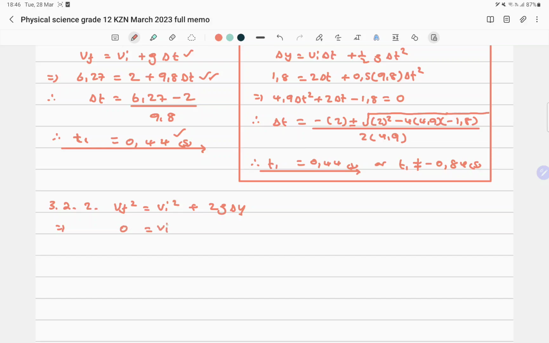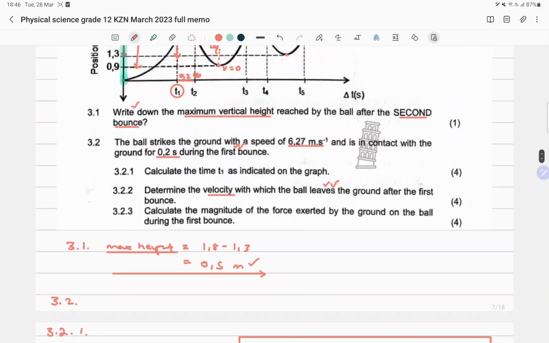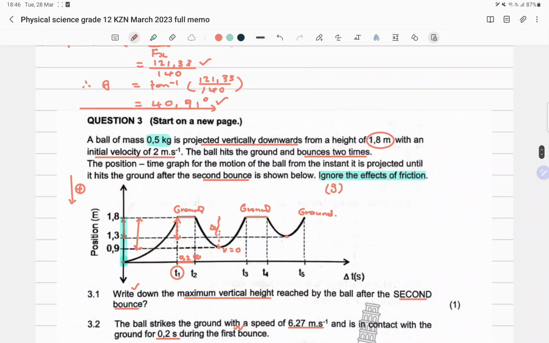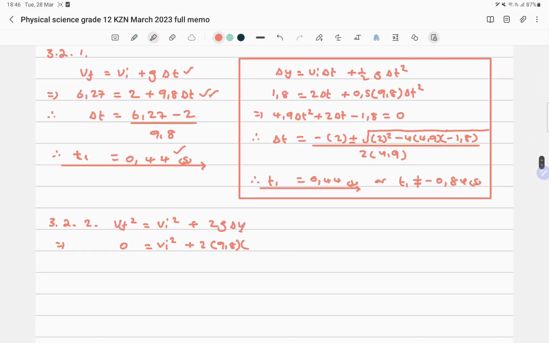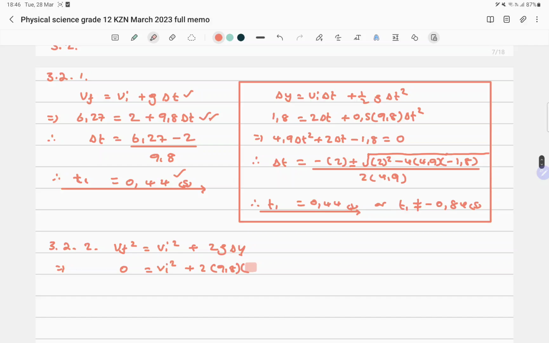The initial velocity squared is what we want, plus 2 into 9,8. We chose downward as positive. But now this motion, if one looks at this segment, is actually upward. If it is upward, it is a negative motion, so this height is going to be minus.